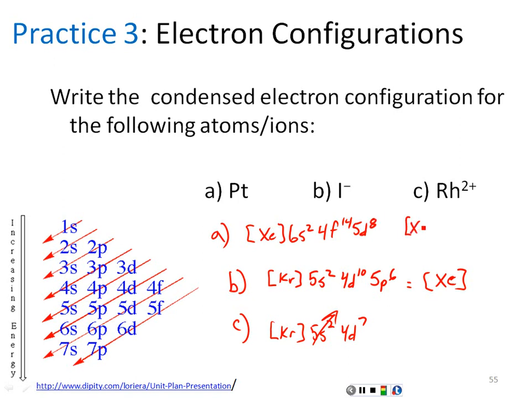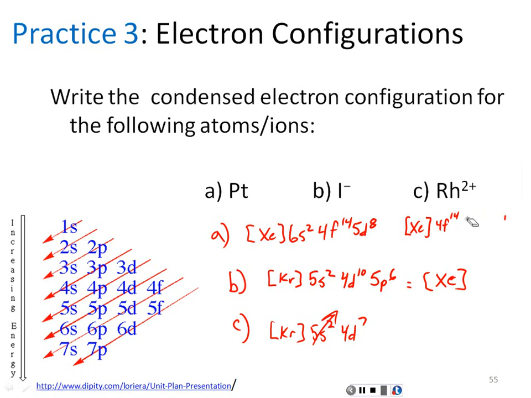In actuality, its electron configuration, I'm going to write the f here this time, is 4f14 5d9 6s1.